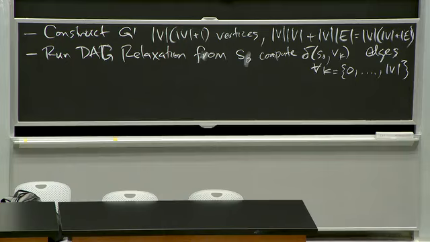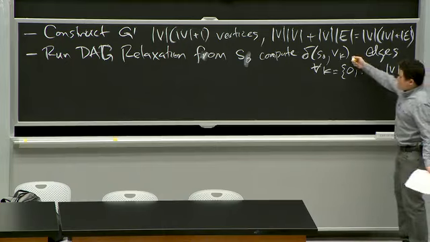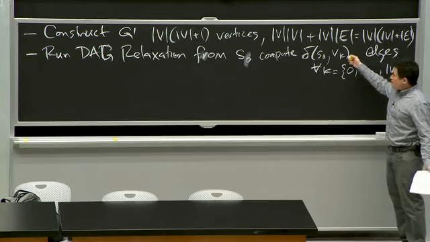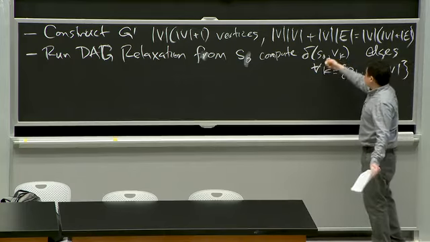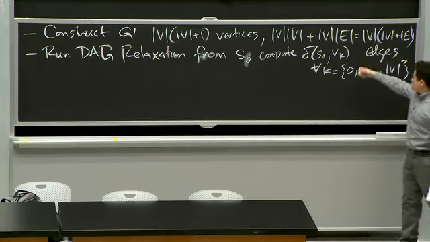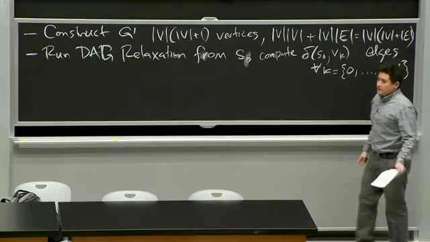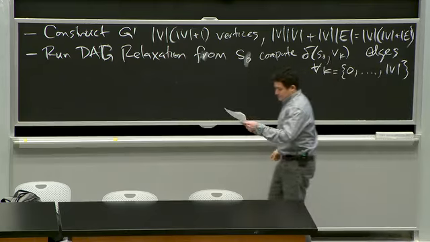That's what single source shortest paths does, right? It computes for me the distance from my source to every other vertex in the graph. And so in particular, I get these, well, that is all of them.